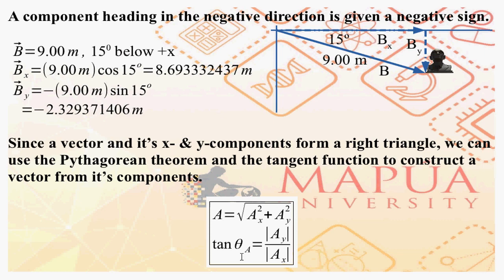So tangent theta is equal to the absolute value of ay divided by the absolute value of ax. You have the absolute value to get rid of any negative signs in the components. Then you take the inverse tangent, and you get the angle theta.